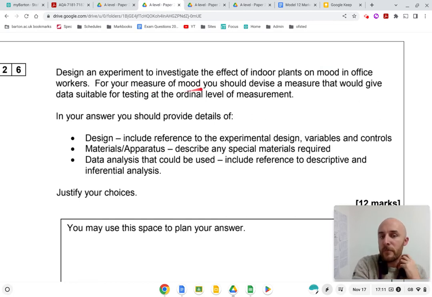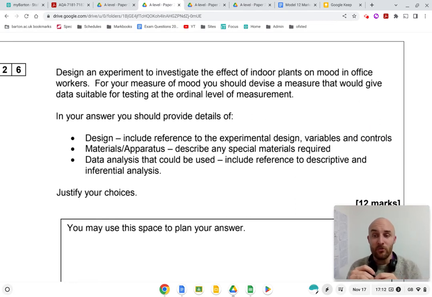For your measure of mood, you should devise a measure that would give you data suitable for testing at the ordinal level of measurement, which means they're probably going to ask you about stats tests. In this case, they've only got 3, but they're pretty heavy, these ones. For the design, you need to include what design you are using, what the IV and the DVs are, and operationalize them, and to identify any controls that you would do.